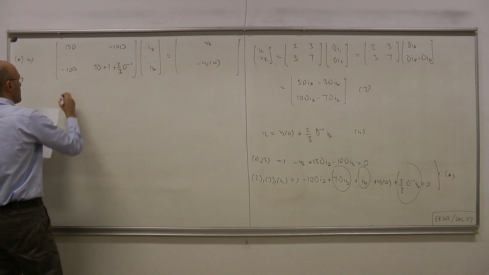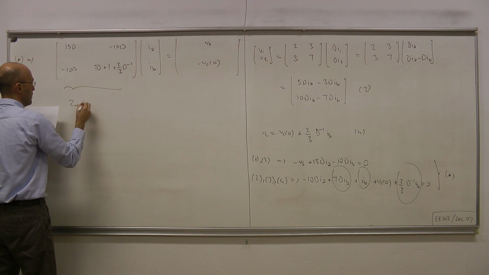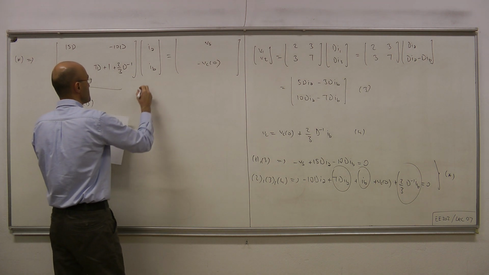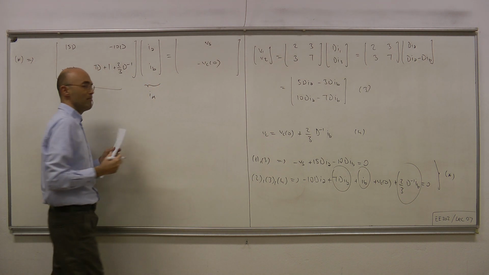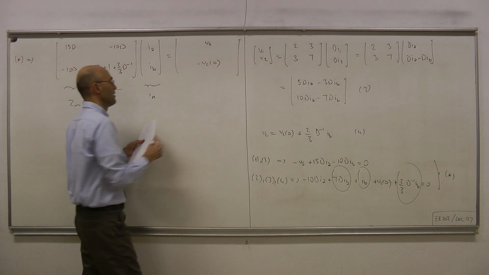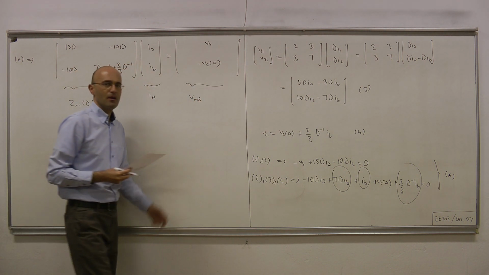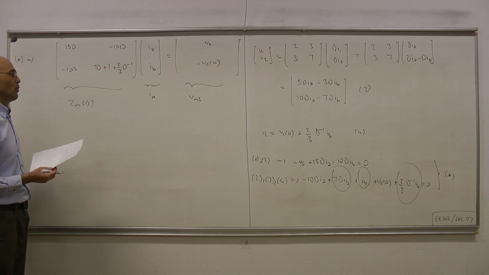Okay, so this is labeled ZMD, mesh impedance matrix. This is our mesh current vector, I sub n, and this is VMS, mesh voltage source.